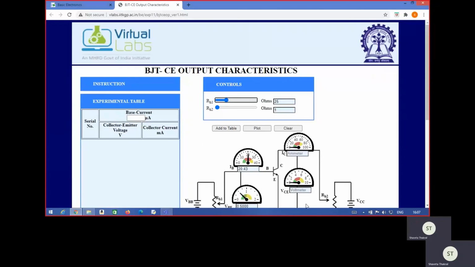Now we again change the value of VCE, and accordingly IC will change, and we have another set of readings. So we increase the value of this VCE, and accordingly IC changes, and we have another set of readings. And again we can take a set of 10 to 15 readings like this.